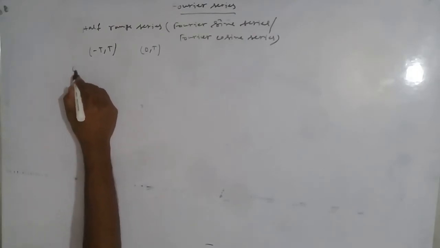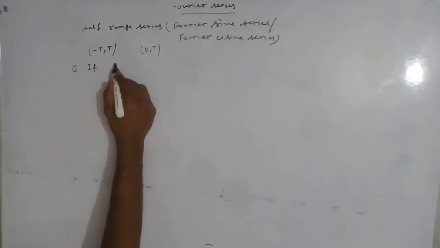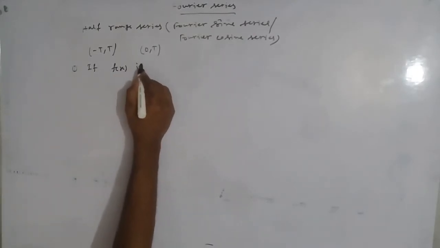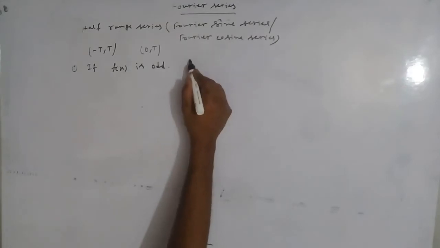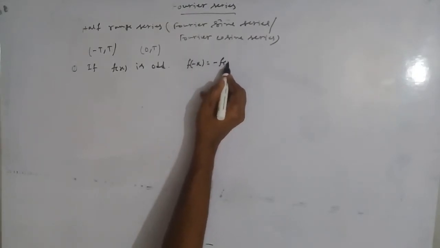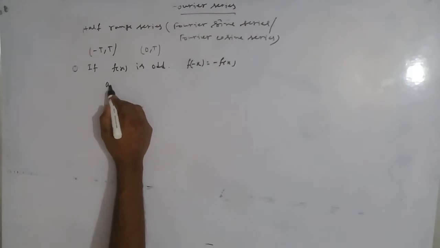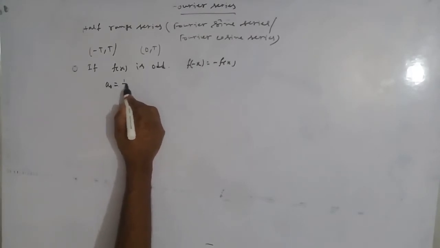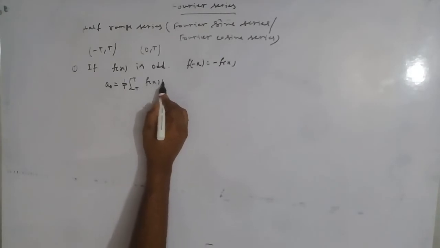Case number one: suppose f(x) is an odd function. If f(x) is odd, it means f(minus x) will be minus f(x). So the formula of a0 was 1 by t integral minus t to t f(x) dx.